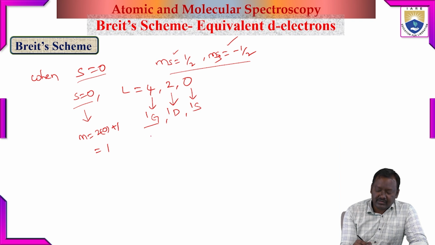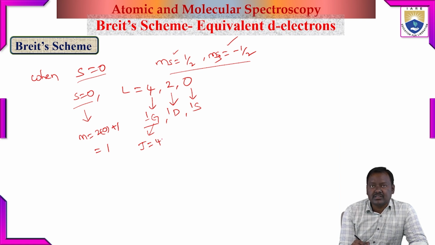For S equal to 0, G means L value is 4, so 4 plus or minus 0, so the J value is 4 only.